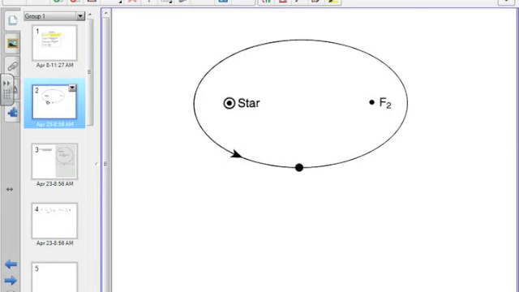We refer to them as two foci. In our sample here are two focal points. You'll notice that the object being orbited, for example the star, is placed at one of these foci, and there's another focal point, F2. It is a point in space, but there's no physical object there.